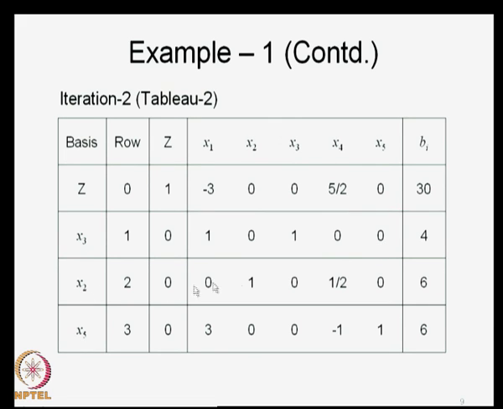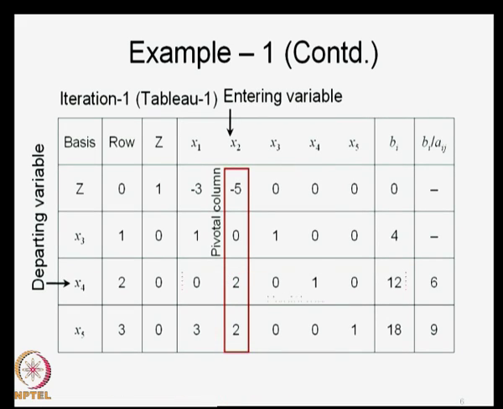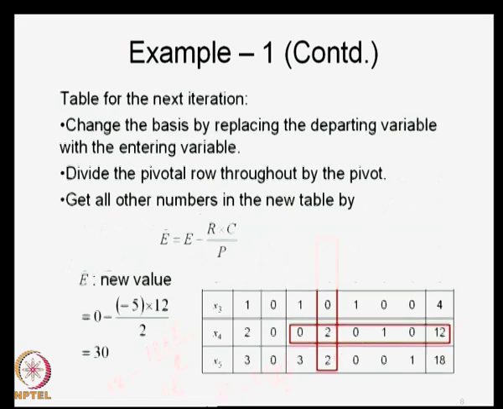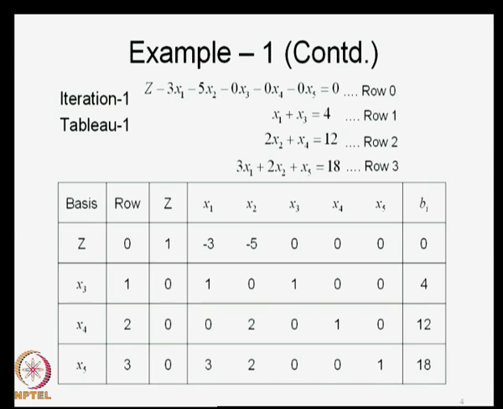Similarly, x2 will have a coefficient of 1 under x2, but under x3 it will have 0, and under x5 it will have 0. So, at any iteration the basic variables among themselves will constitute a unit matrix like this.